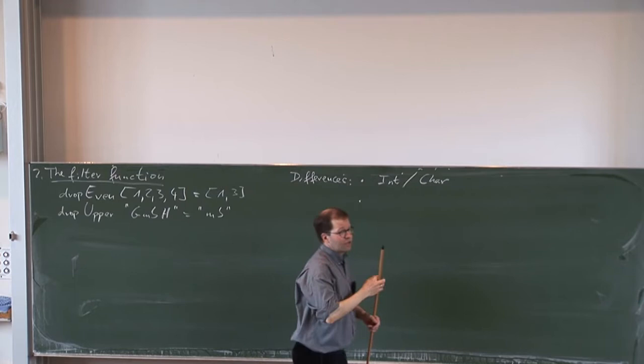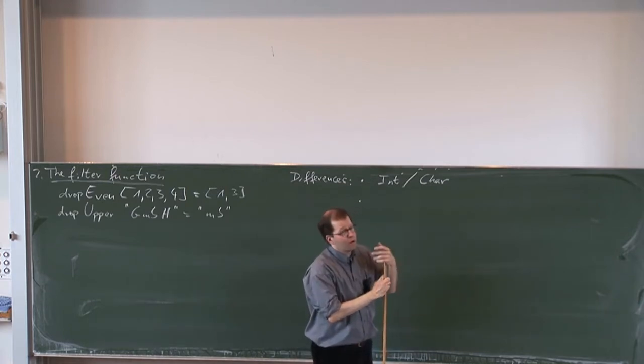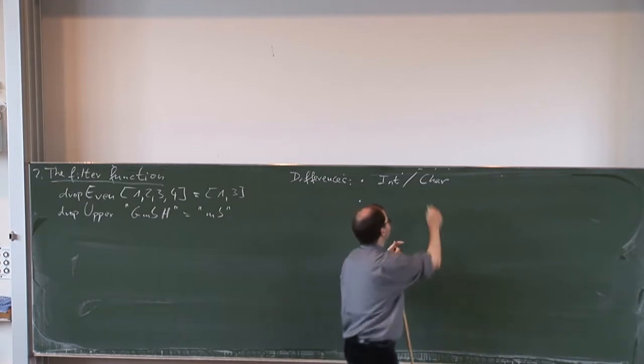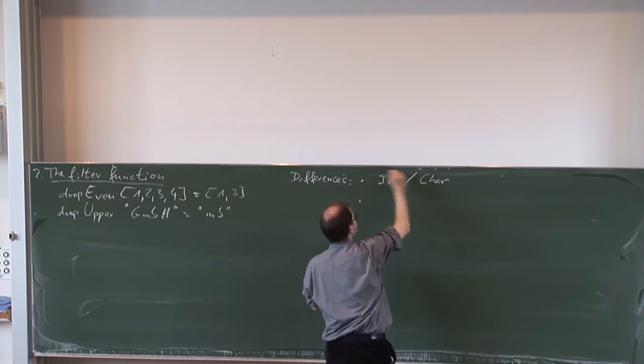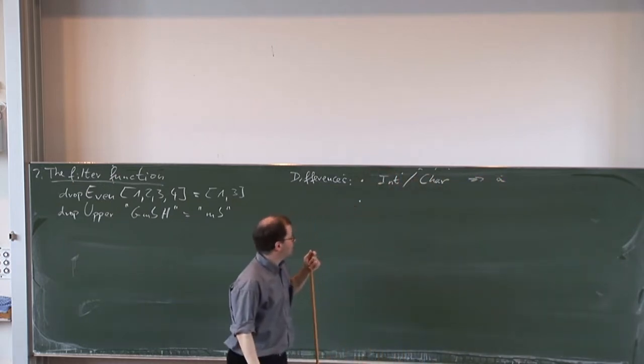So in order to abstract from this difference, we should now write a function which subsumes both, and this function would have to operate on lists of anything. So instead of operating on lists of integers or characters, we should operate on lists of arbitrary elements.